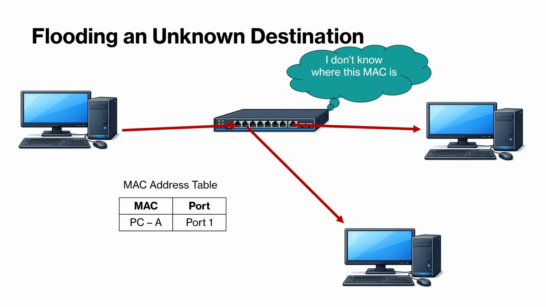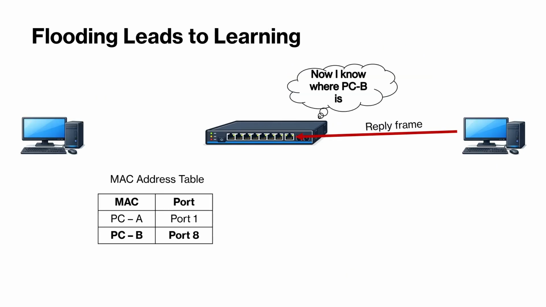And I want to be very clear on the meaning here. Flooding is not a random thing, it's not a mistake, and the switch is not being dumb because of it. Flooding is a deliberate fallback strategy that says, I don't know who has this destination MAC address, so I'll ask the whole network by sending it everywhere. And the reason it excludes the incoming port is simple. Sending it back where it came from would just be pointless.